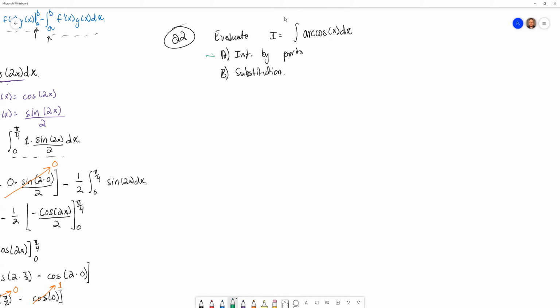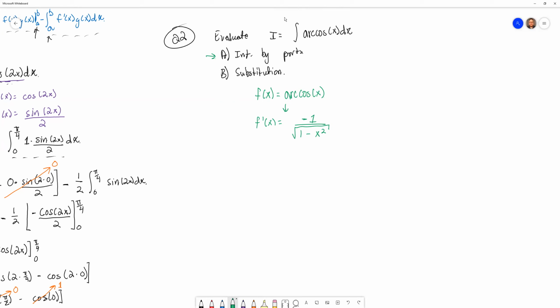Okay, so we will start with our integration by parts. So we have f of x is equal to arc cos of x, and the derivative of arc cos of x is equal to -1 over the square root of 1 minus x squared. And that is just a known derivative.